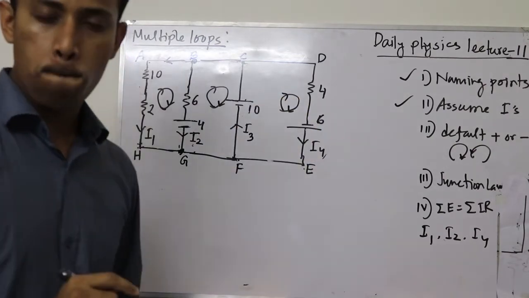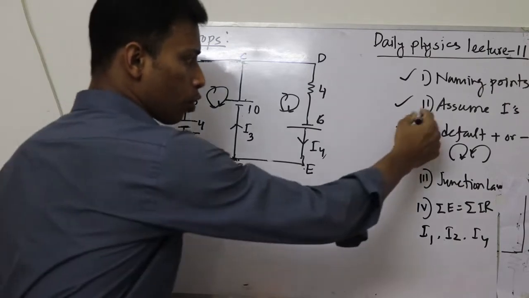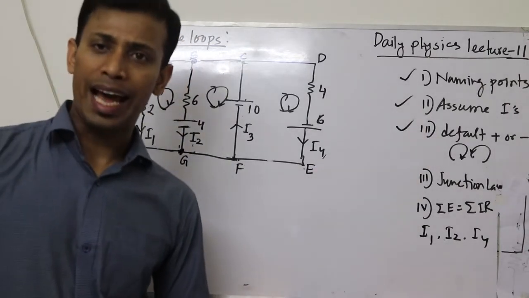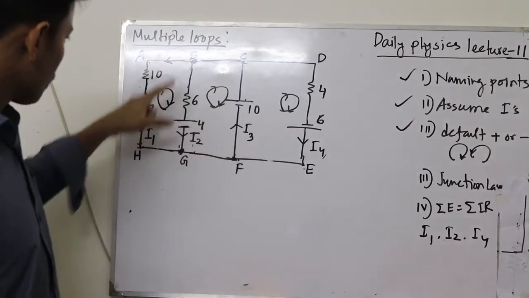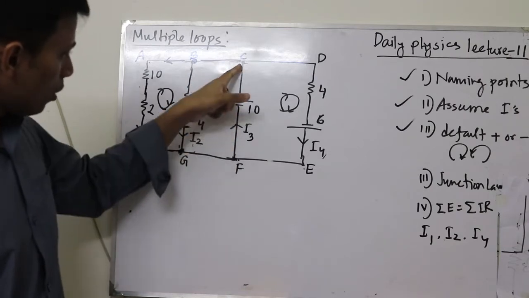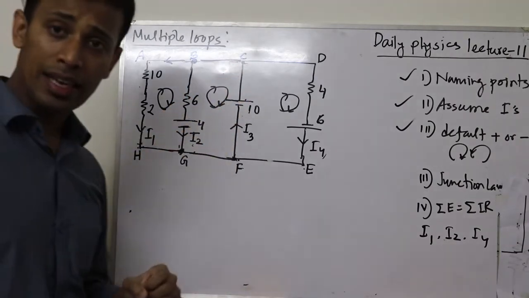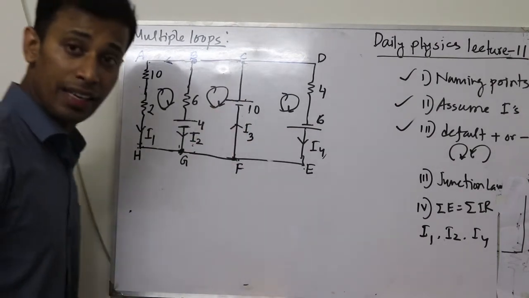Now find out, is there any line which is resistanceless? If we go through these lines, this is the resistance of this C and F. Look, this line is resistanceless. So the CF line is important.